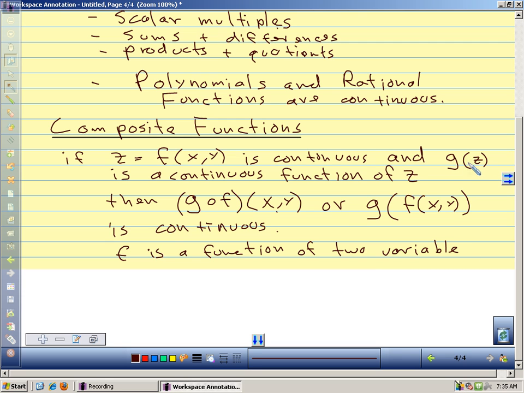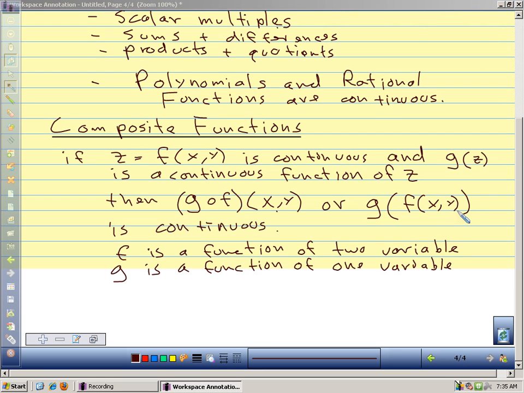So our composite function is a composite of a two-variable function and a one-variable function. And what this implies is that composites of continuous functions are continuous.